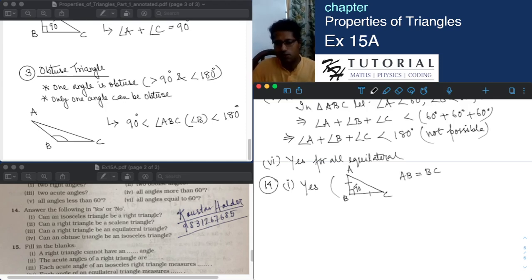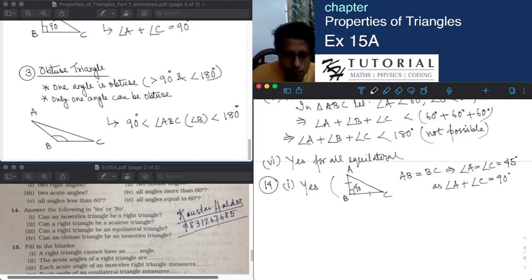AB equals BC will imply angle A is equal to angle C is equal to 45 degree, as we know that the sum of the other two acute angles in a right triangle is always equal to 90 degree. So we can have an isosceles triangle to be a right triangle.